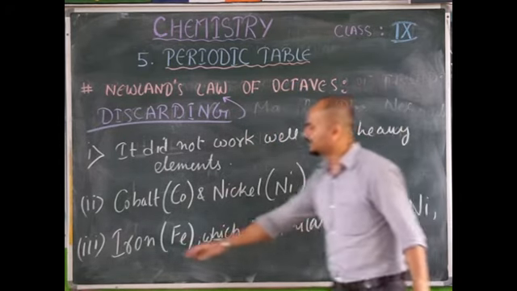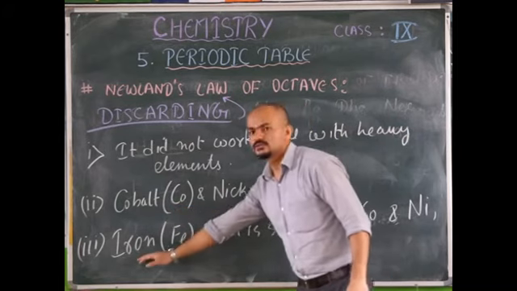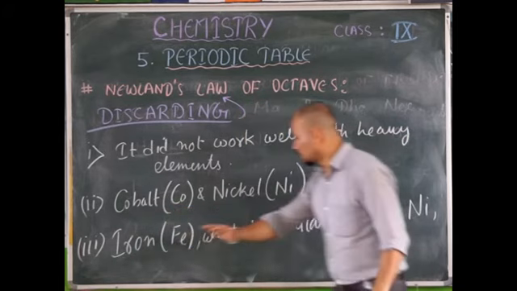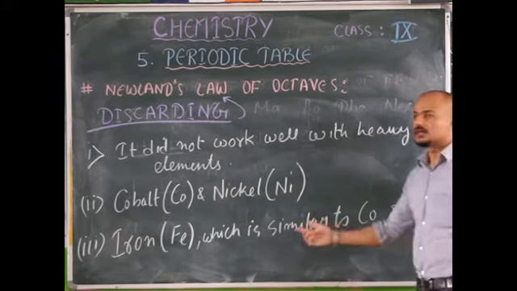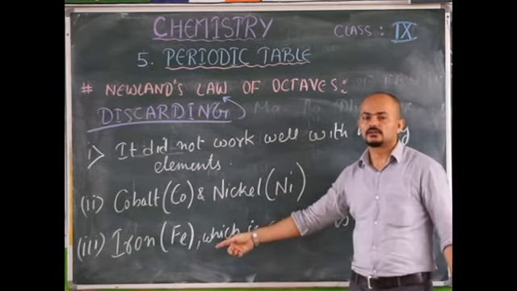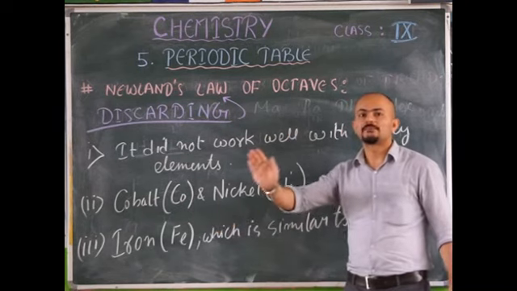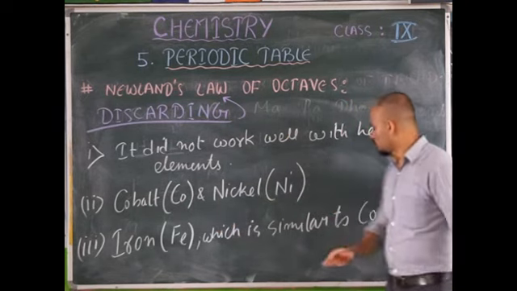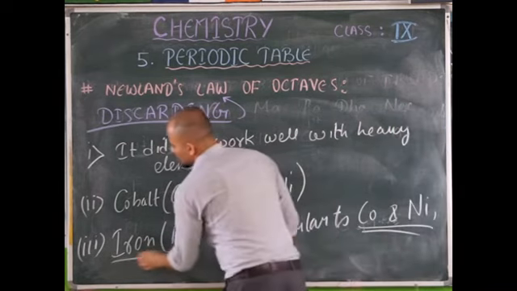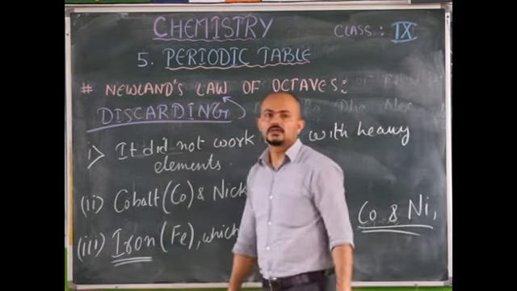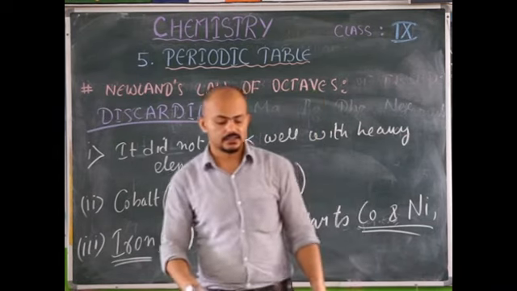Iron is a transition element, and its properties are similar to cobalt and nickel, but according to Newland's theory, this iron was placed far away from cobalt and nickel. This was the reason why this law was discarded.